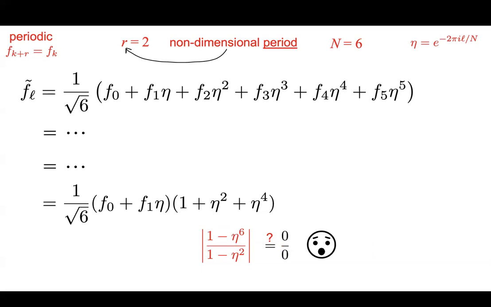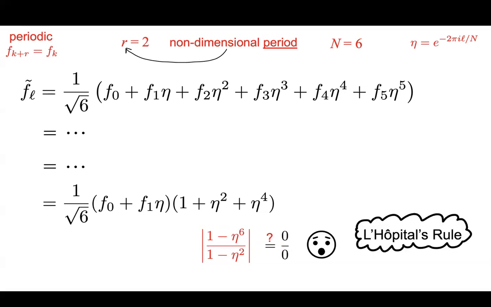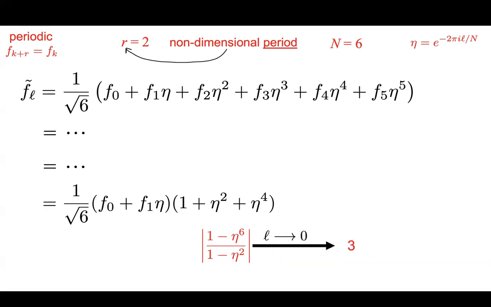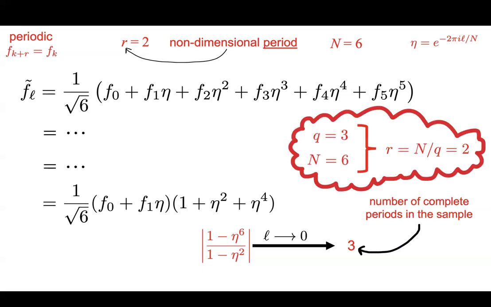That's not good, but L'Hopital's rule saves us. And when we take the limit L goes to 0, that expression equals 3, which is the number of complete periods in the n equals 6 sample. If we label that q and use the fact that n equals 6, then n divided by q equals 2, and that gives us the period.